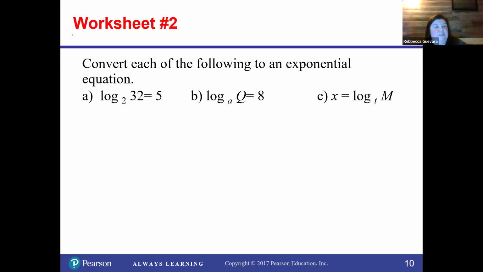If we convert these to exponentials, we got base 2, so that's 2. What it equals is the exponent, so the exponent is 5, so 2 to the 5th equals 32. Here we have a to the exponent of 8 equals q. And here we have a base t, the exponent is going to be that x, so t to the x would equal m.